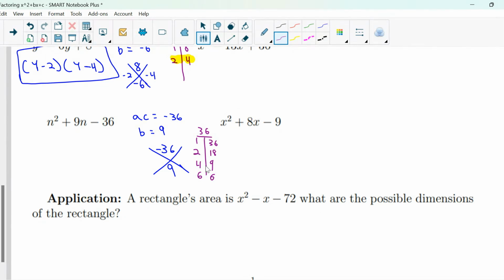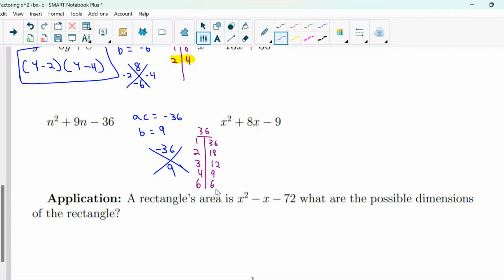So now we need to ask ourselves, which of these factors, when added together, is going to multiply? Well, actually, no, we're totally forgetting one. I'm forgetting 3. Let's scoot this list down quick. We would have 3 and 12. My bad. 4 and 9, 6 and 6.